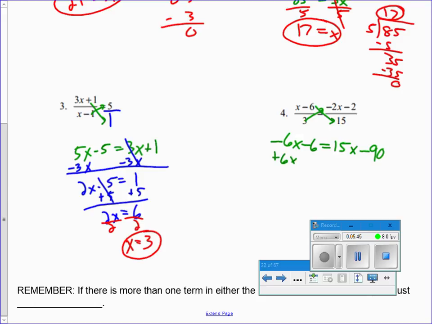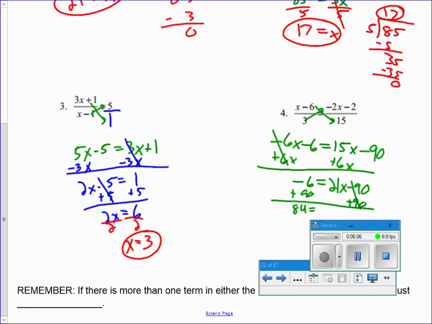I'm going to add 6x. Negative 6 equals 21x minus 90. Then add 90. We get 84 equals 21x. Last step is to divide by 21. And 4 times 21 makes 84.